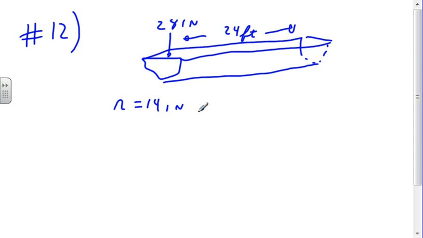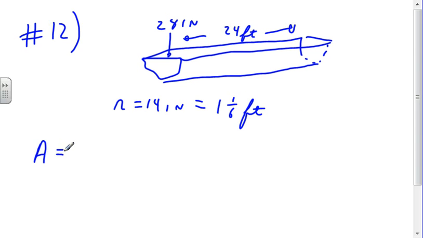So what we're going to do is change 14 inches to feet. 1.16 feet. Okay. So now we're gonna go for area first.